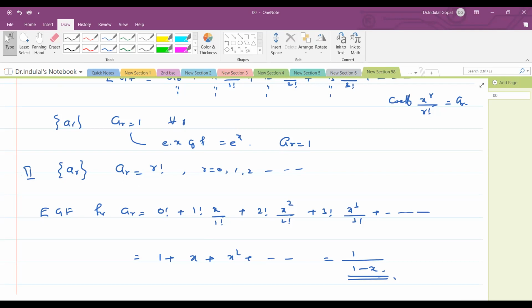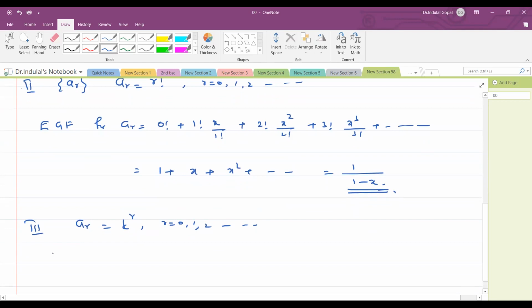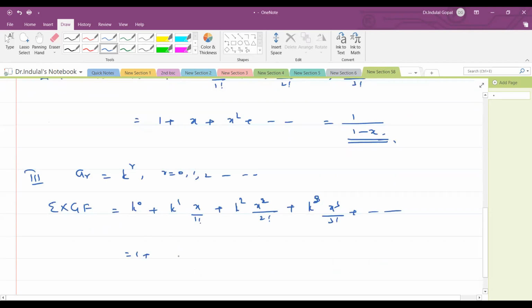Then another example. For a constant k, let the sequence a r be given by a r is equal to k raised to r, r equal to 0, 1, 2, 3, etc. So what is the exponential generating function? The exponential generating function for a r is equal to a0 k raised to 0 plus a1 x by 1 factorial plus a2 k square x square by 2 factorial plus a3 k cube x cube by 3 factorial plus etc. This is 1 plus kx by 1 factorial plus k square x square by 2 factorial plus etc. And we have already observed that this is e raised to kx.